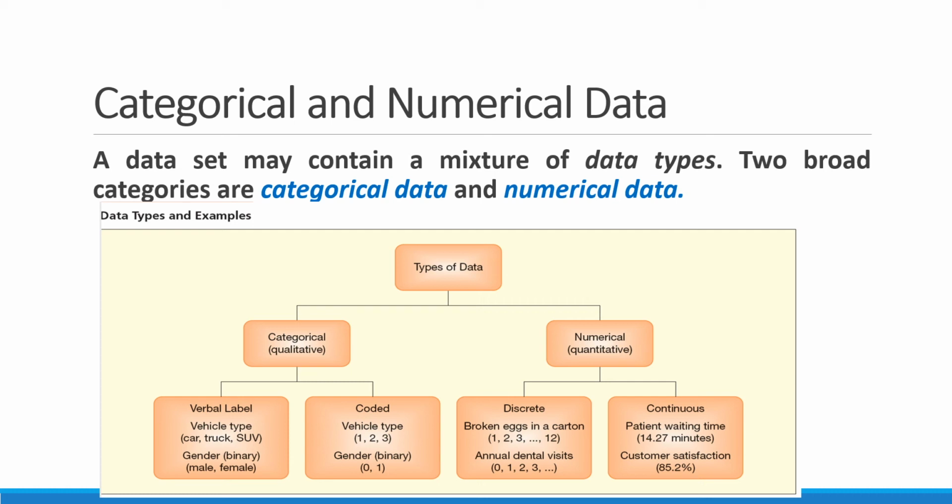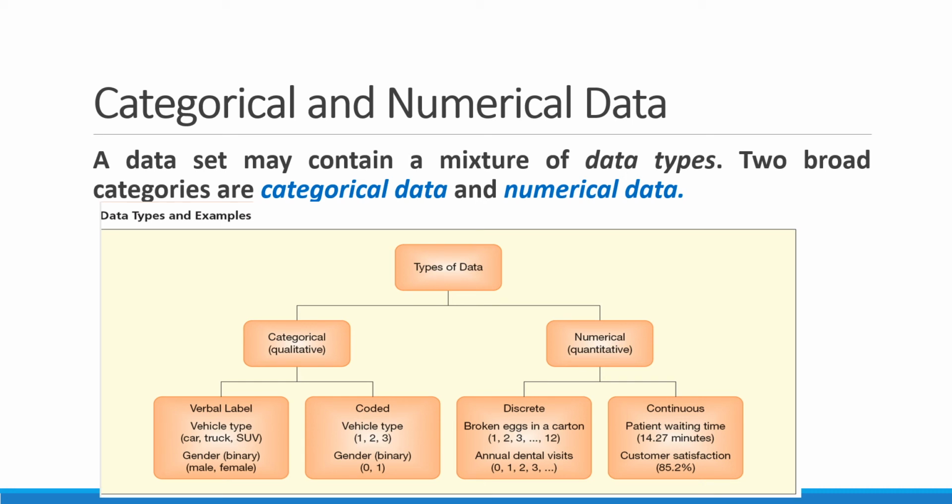It's very important to note that in categorical or qualitative data, either using verbal labels or coding these verbal labels, this doesn't imply any mathematical value. So for the values 1 and 2 that refer to male and female, we can't say 1 is better than 2 or 2 is greater than 1.